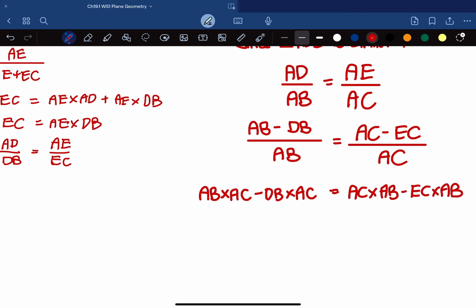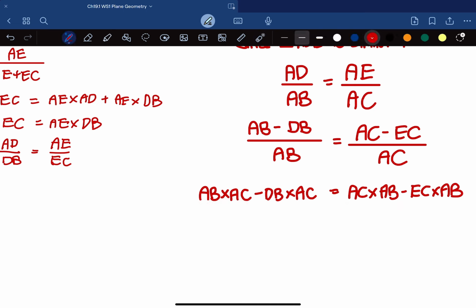Okay, then from here, if I observe, I will notice that I have AB times AC here and AC times AB here. These will cancel each other out. I can subtract AB times AC from both sides.